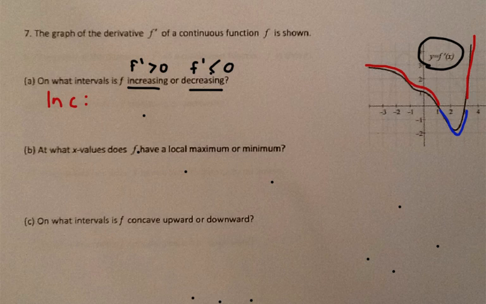So let's just say that it goes beyond the graph that's shown, that it does indeed continue forever in both directions. So the graph would be increasing from negative infinity to what x value does it stop increasing at? That point, 1.